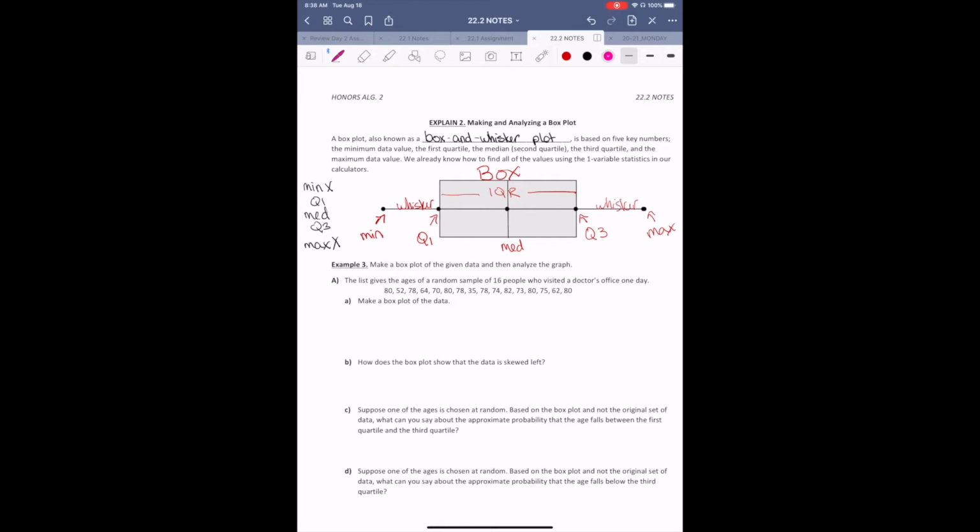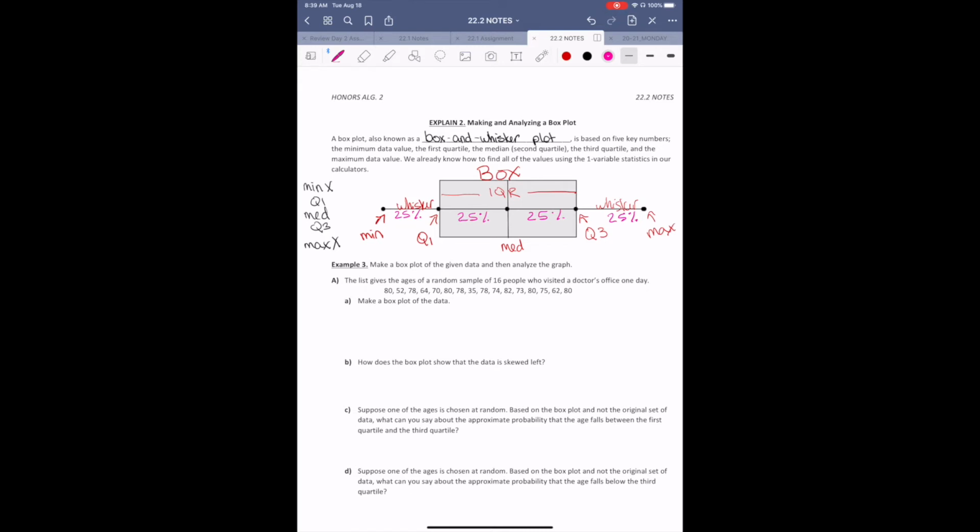That means that this section here is 25% of our data. This section here is 25% of our data. Our whisker is also 25% of our data. So it is split up into 4. It doesn't matter if your box is on the left, on the right, your data is always distributed into quartiles in a box and whisker plot.